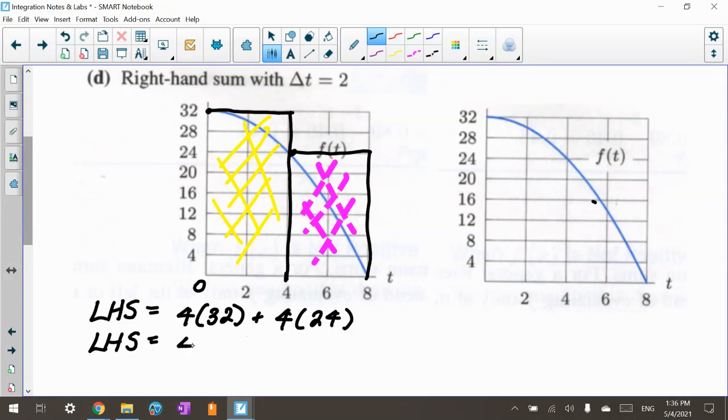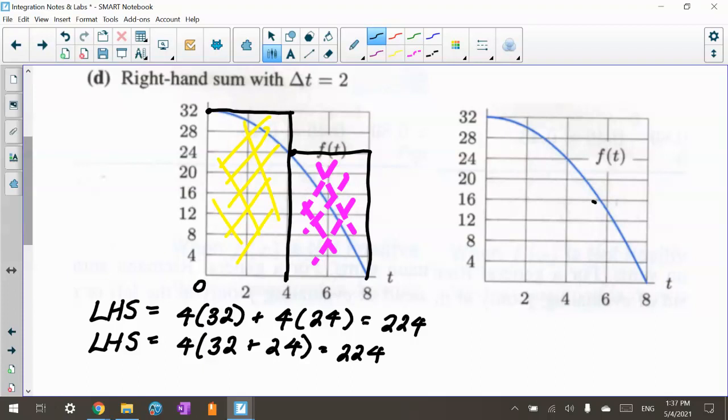Because they both have a 4 in it, the width of all my rectangles is 4, so I can just multiply 4 by 32 plus 24. So I got my width. Either way you do this, you're going to end up with 224. So you just found the left-hand sum, which is the area under the curve, which is 224.